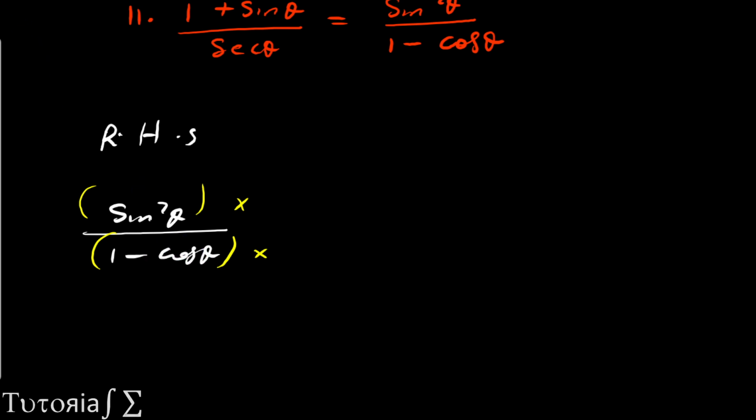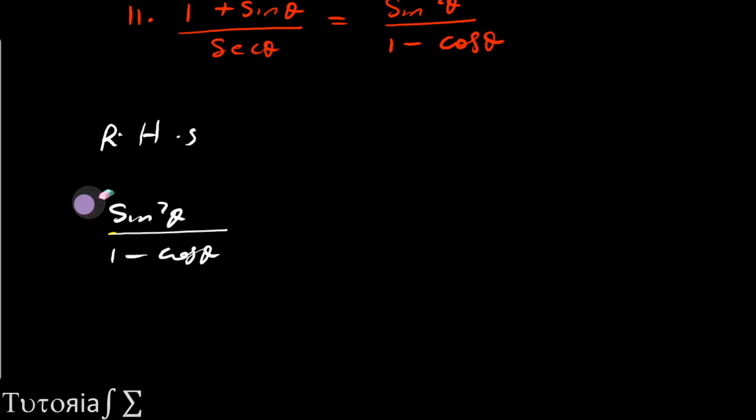I think this way it will be faster. By doing that, I'll just say this is equal to 1 minus cos theta over 1 minus cos theta. Or what I can do is this.